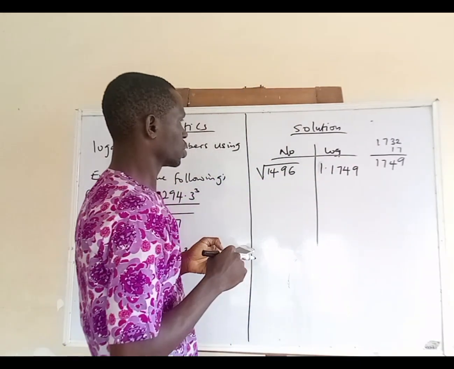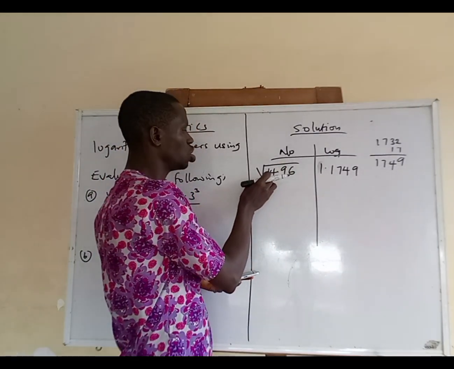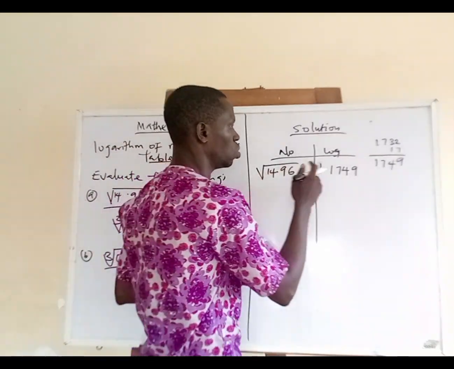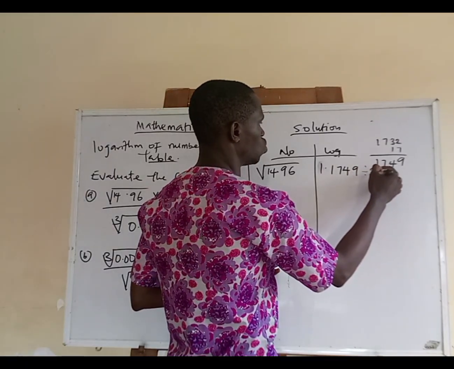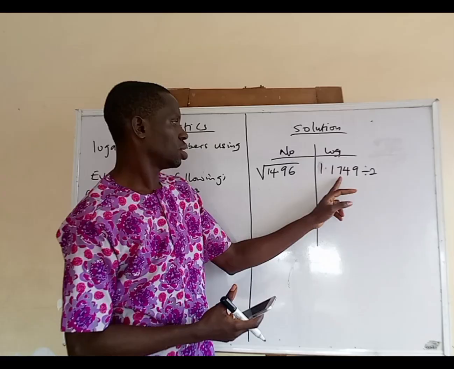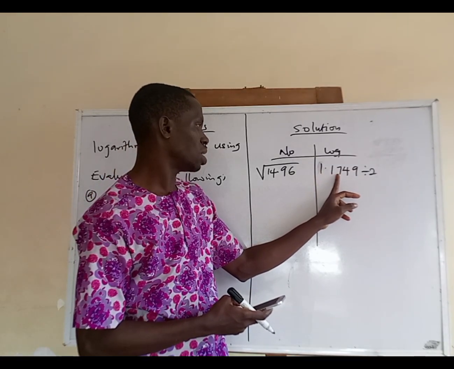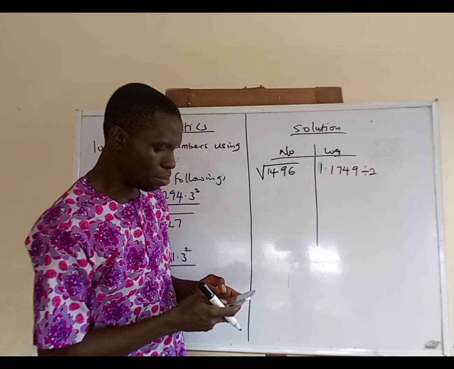Okay. Then, of course, you know we are dividing by 2 because of this square root. This square root means that we divide it by 2. So you divide by 2. So the next thing is to divide what we got, which is 1.1749, by 2.